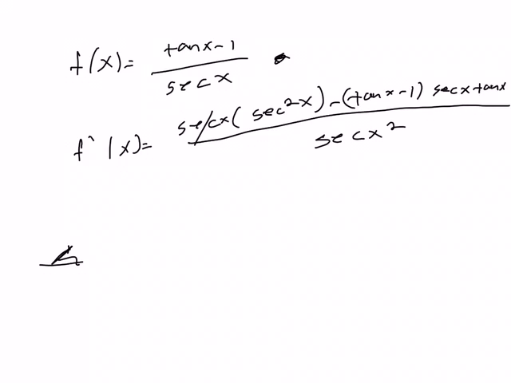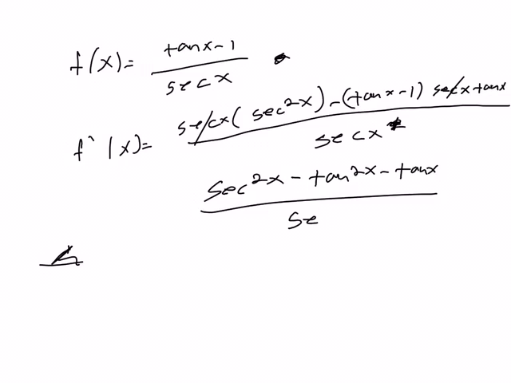So one of these cancels. Okay, so the answer is secant squared x minus tan squared x minus tan x over secant x.